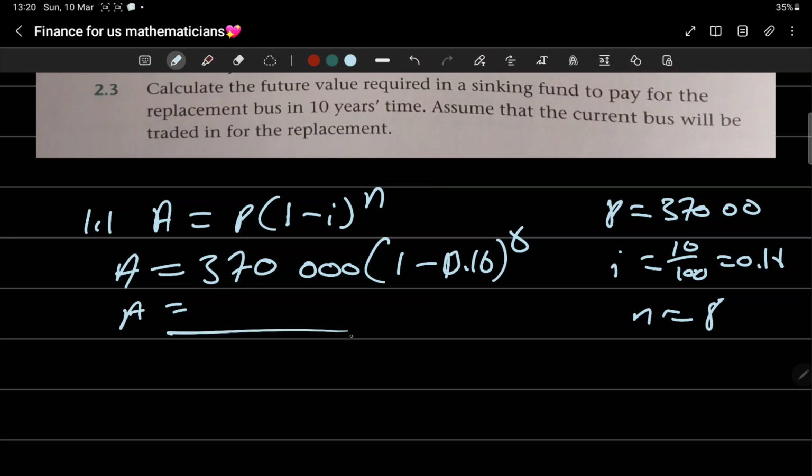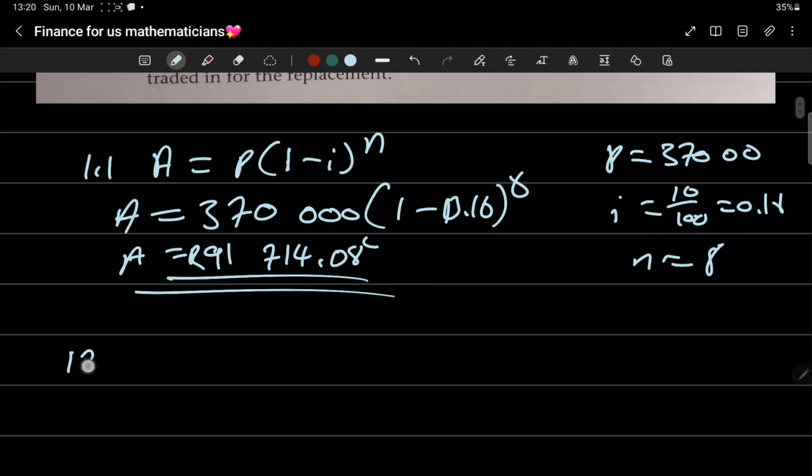Then you punch it into the calculator. So we get 91,714.08. This is number 1, by the way.